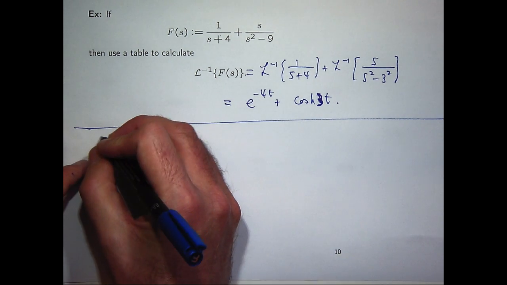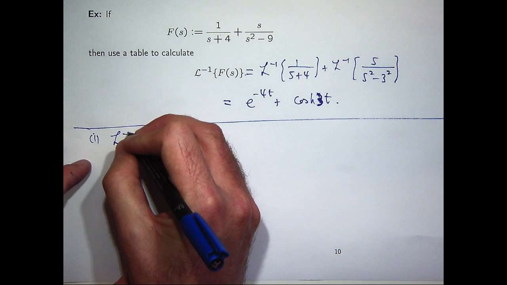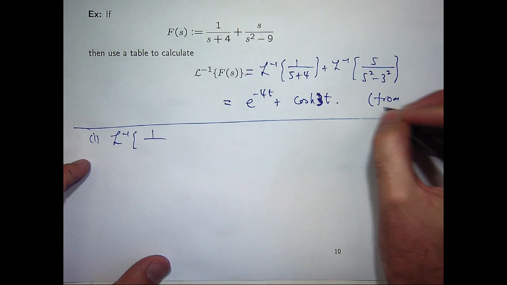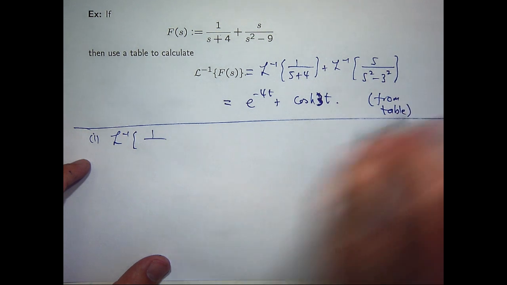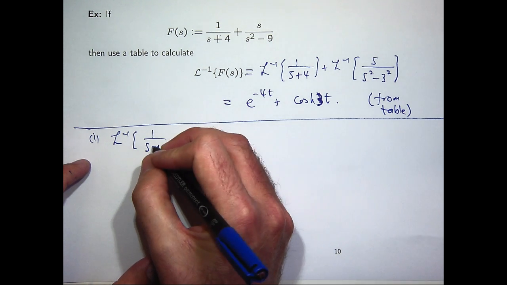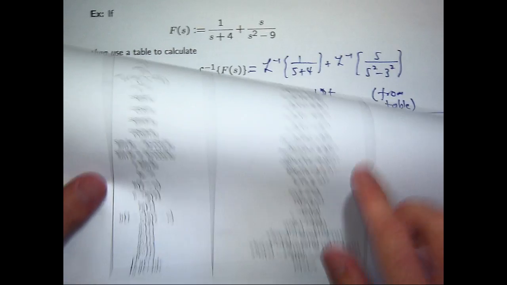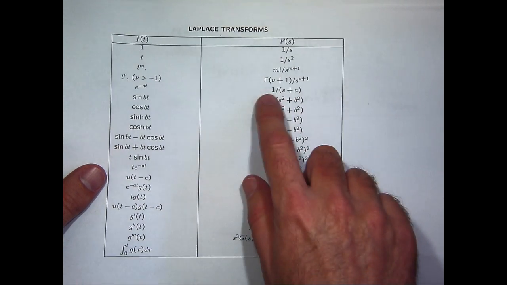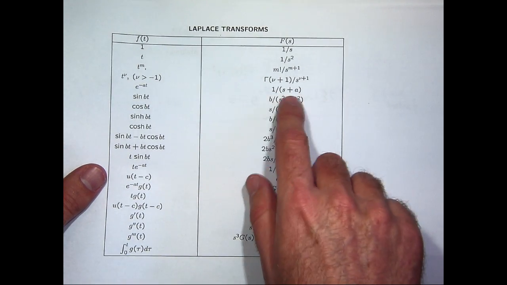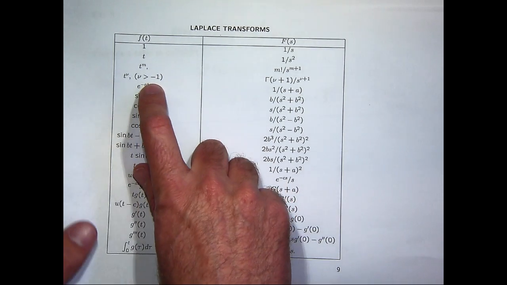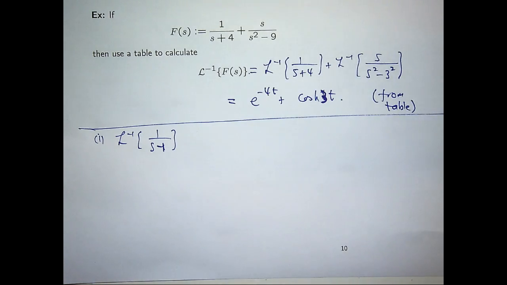For example, let's say I wanted to calculate the inverse of 1 on s minus 1. Okay, so I look down my table till I get to something like 1 on s minus 1. Well, it'll be that with a equals -1, I look over here, it'll be something like e to the t.